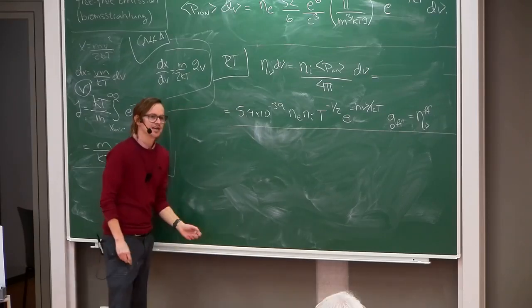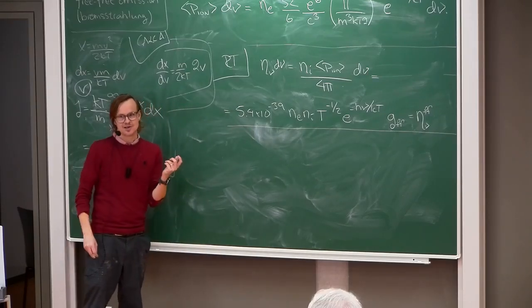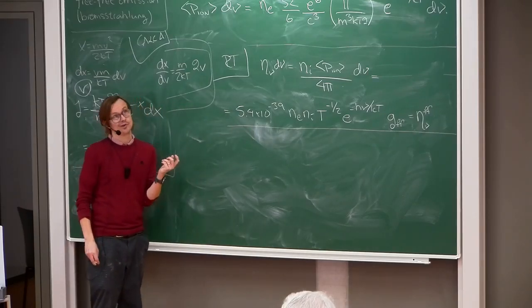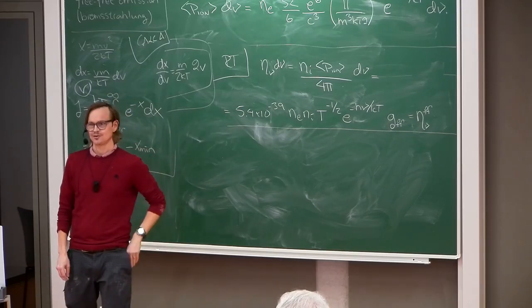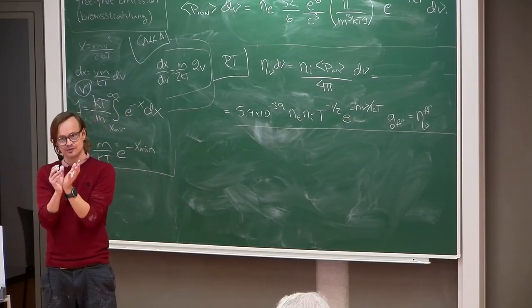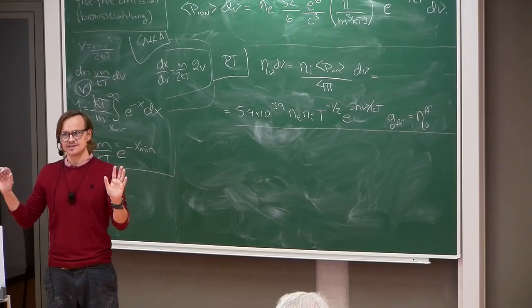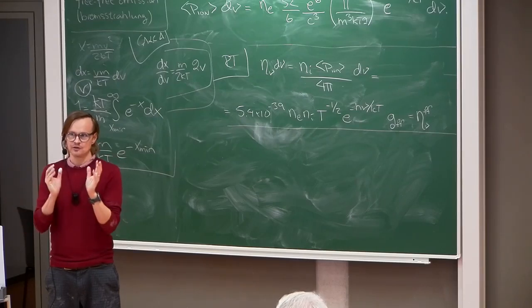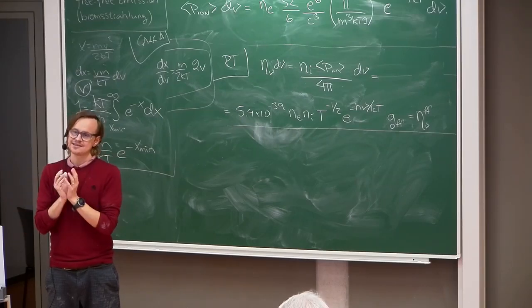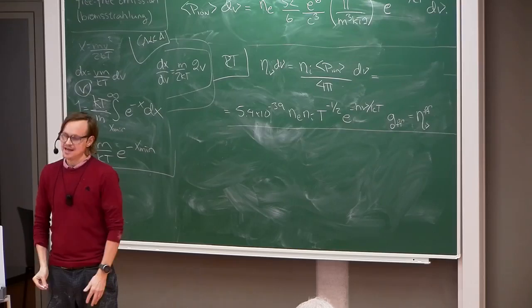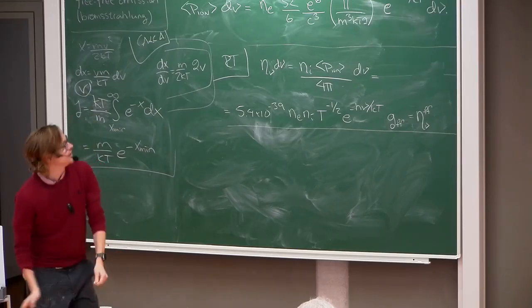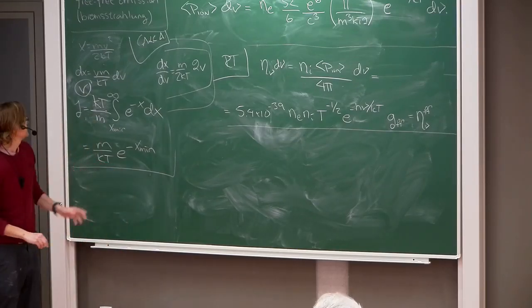From our calculation, that is different by a factor of 2.1 something. So the numerical factor in front is different, though all the dependencies are the same. And that has to do with the assumptions that we made in the beginning.